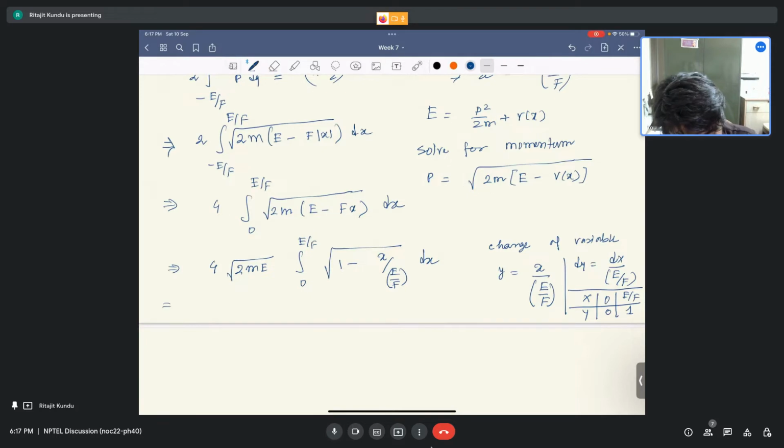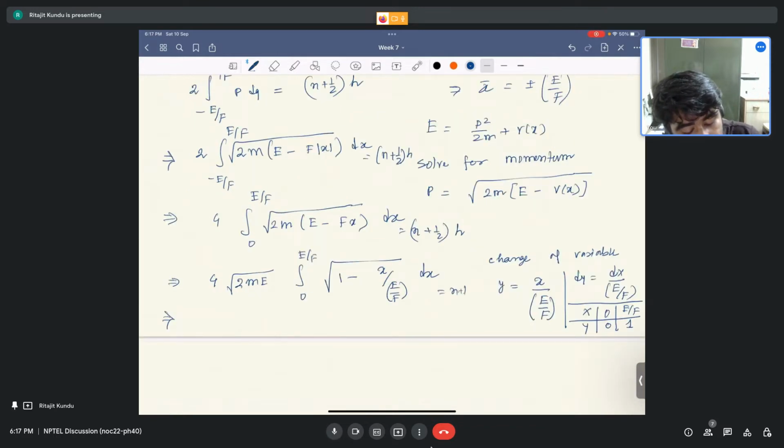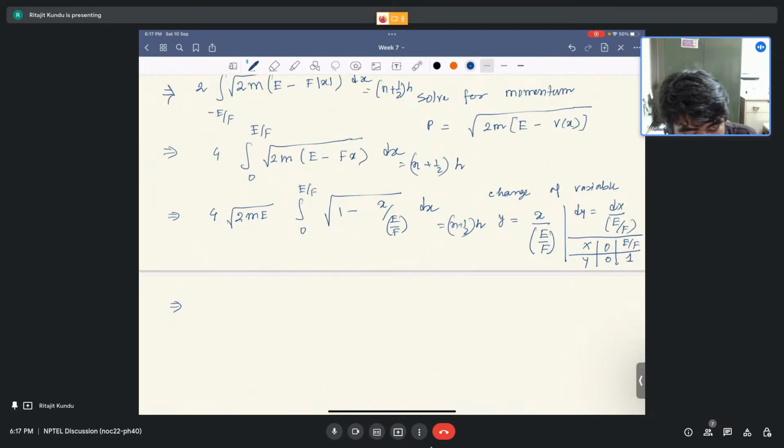Okay, so I'll now put all of this information back into this integration. So remember that there is always this n plus half h on the right hand side. Okay, all right, so let us just substitute all of those things that we just calculated. 0 to 1, square root of 1 minus y, and in place of dx, so dx becomes e by f times dy.